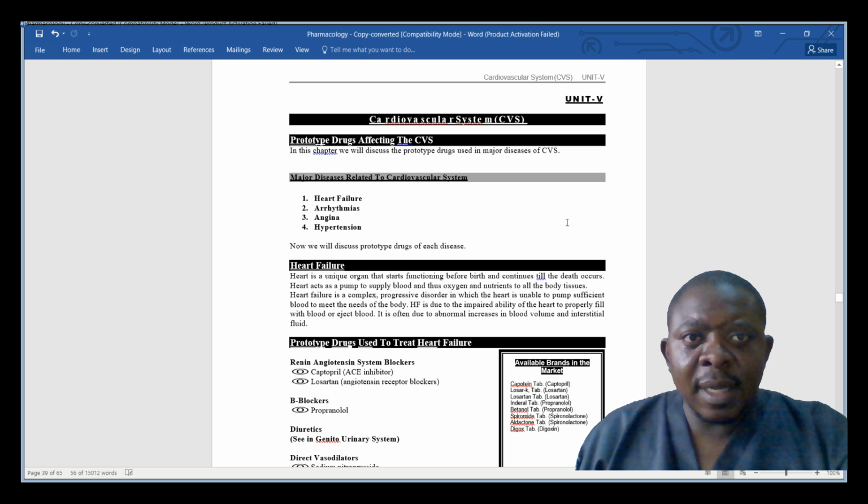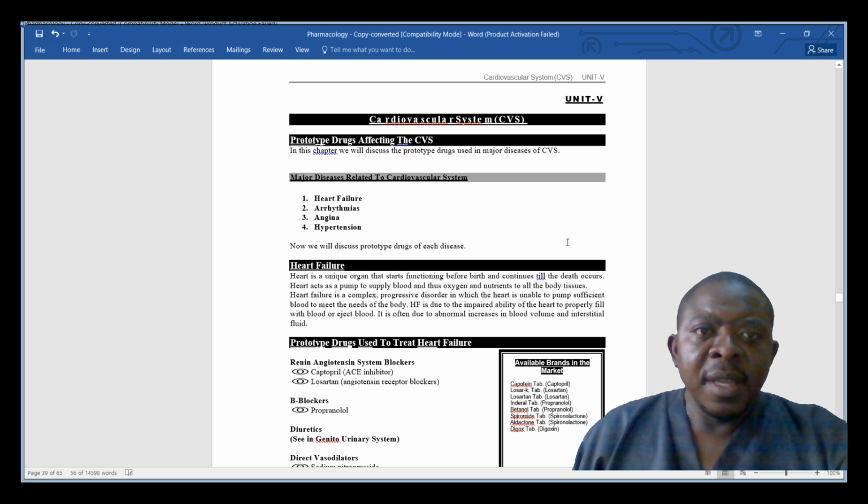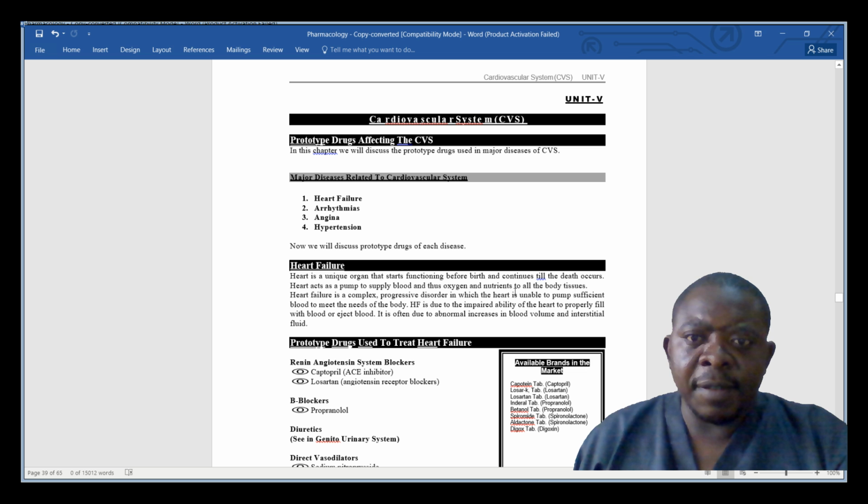Otherwise, the major diseases that are related to the cardiovascular system include heart failure, arrhythmias, angina, and hypertension. Let us discuss heart failure and the drugs that are used in heart failure.